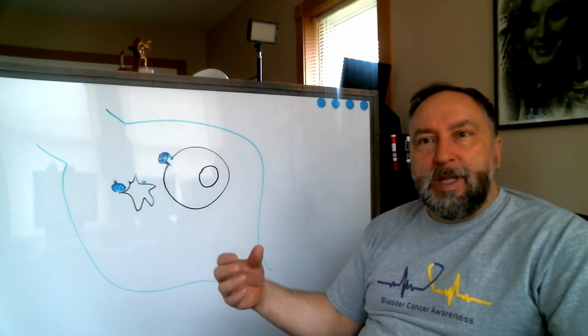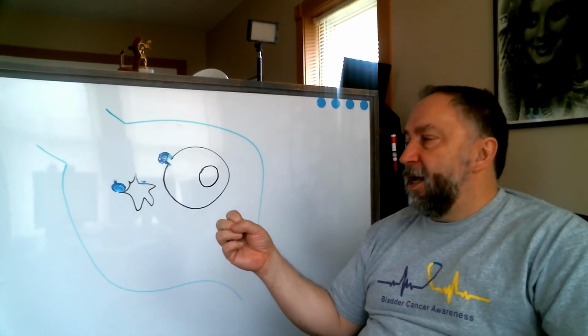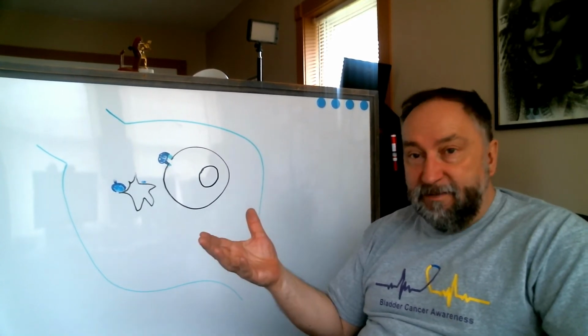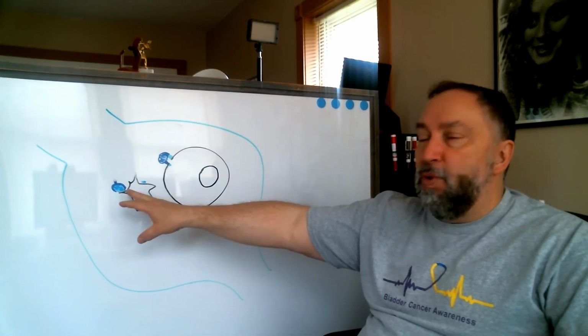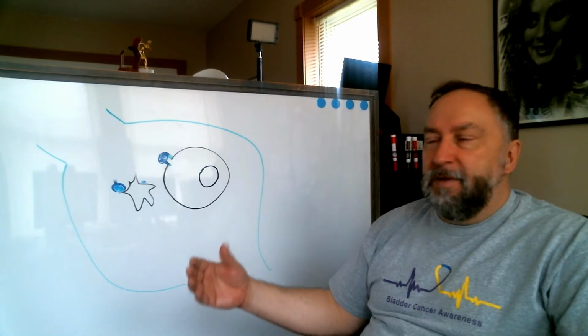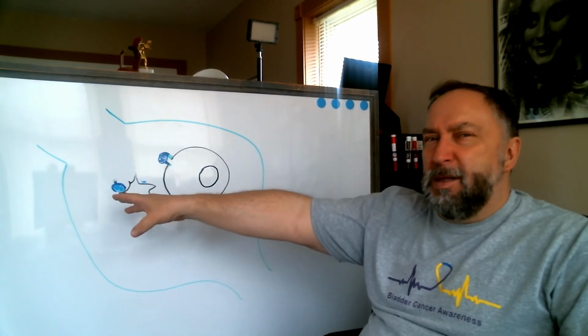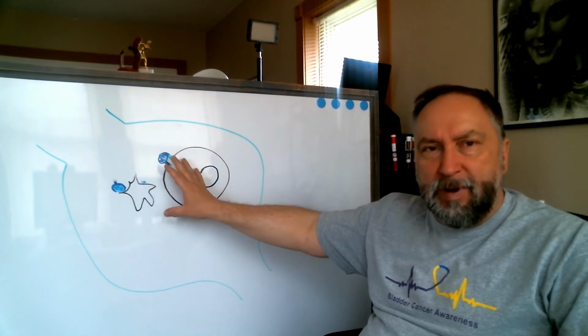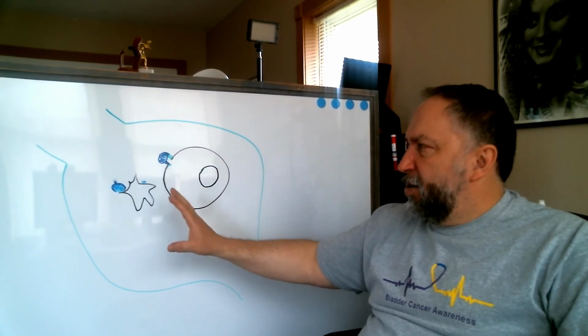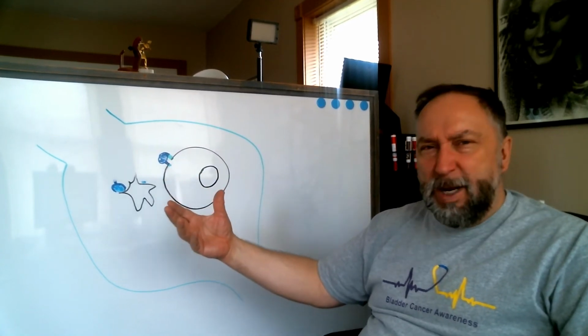So that will stop it from attaching. Now, there's a whole lot of these receptors on each one of these cells. I only drew one, but there are hundreds and hundreds of them. So they don't necessarily block them all, but they make it a lot less likely that it's going to end up attaching. And because they don't block them all, we can give another kind of medicine too.